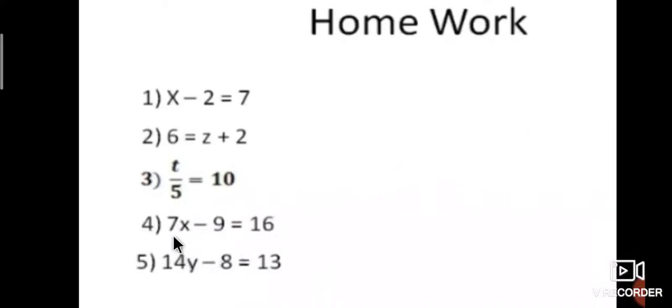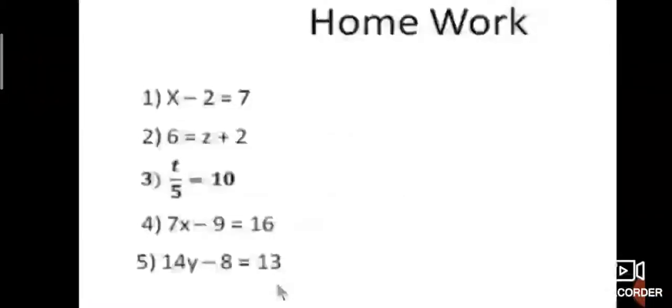Next one is 7x minus 9 is equal to 16. Therefore, 7x is equal to 16 plus 9. 7x is equal to 25.